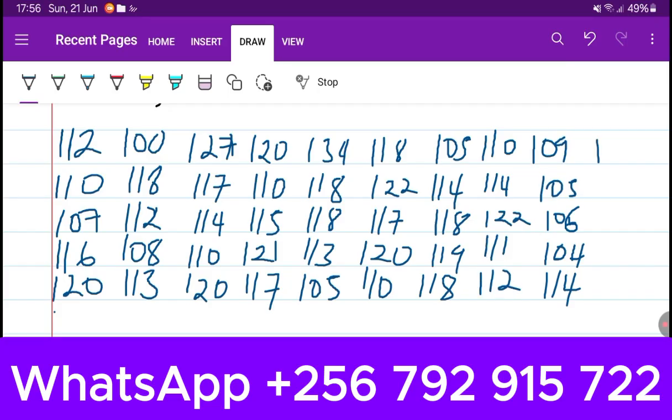Finally, we have 112, 109, 110. This is 111, 114. So the data seems to be a little bit huge, but that's it.